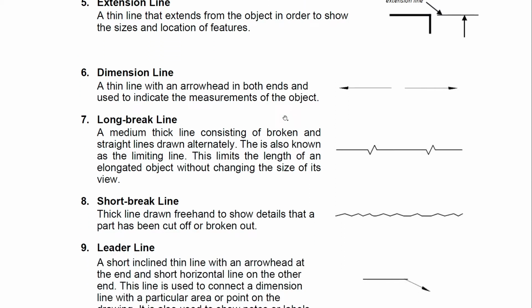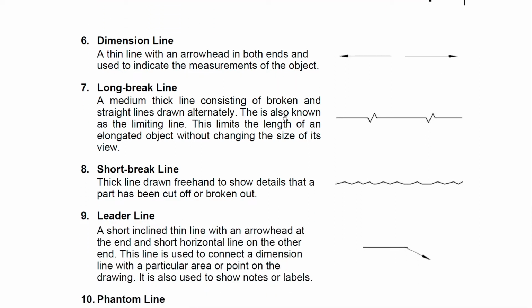So, next, we have the number 6, the dimension line. It is a thin line with an arrowhead in both ends and used to indicate the measurement of the object. So, ito ay makikita natin karaniwan with the size. Ano yung measurement ng object. So, meron po siyang dalawang arrowhead sa magkabilang dulo at karaniwan yung nasa gitna niya ay yung size ng mismong object.